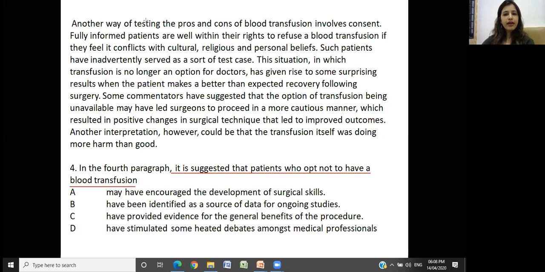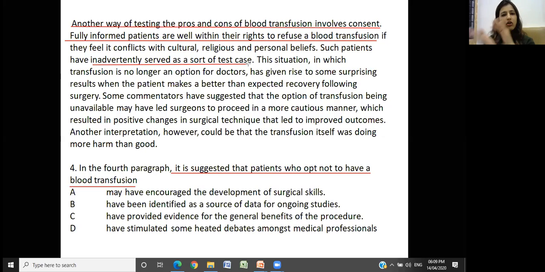That is why this paragraph is starting with: another way of testing the pros and cons of blood transfusion involves consent. So you would use the data from those patients who have refused to get a blood transfusion because of certain reasons. Such patients have inadvertently served as a sort of test case. So now we can't do the clinical trial, we can't do the study.